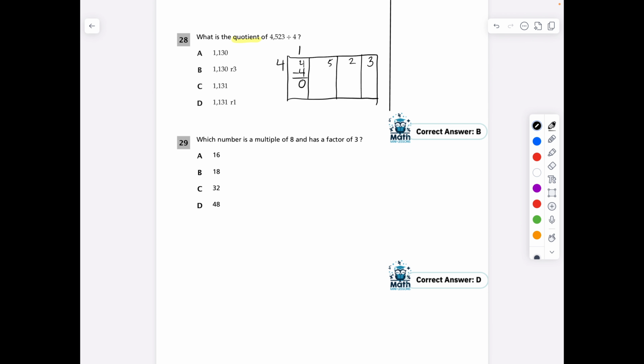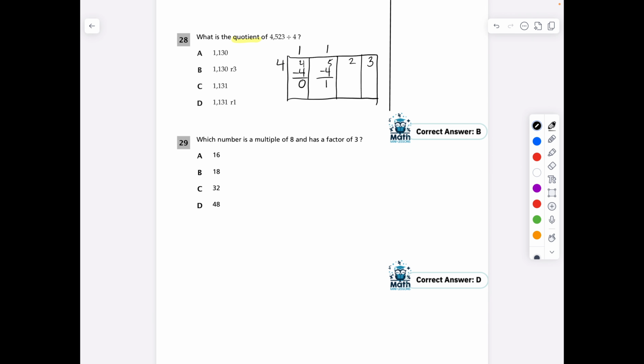That works. And how many 4s can I take out of 5? 1. And I also like this because I've literally seen some kids go and say, all right, 1, 2, 3, 4, 5, I can take 1. I've seen kids do things like this for whatever makes sense. I actually just use the numbers. That's just me. So I can take one group of 4 out, and I have 1 left.